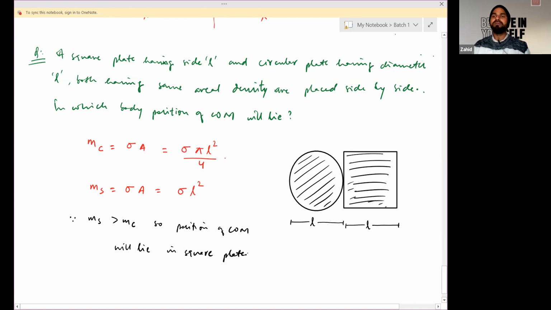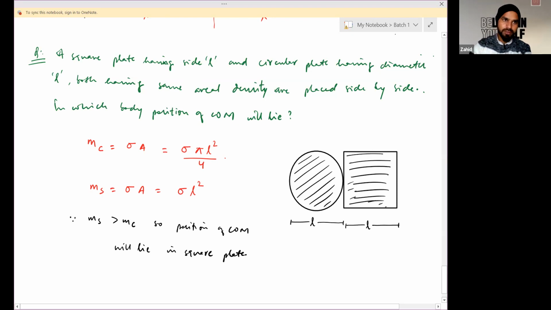Now the next question would be, find the position of the center of mass for this problem. So how would you find it? For any problem, first try to define a coordinate system, or draw coordinates related to that diagram.